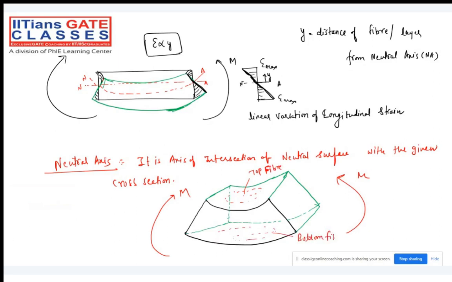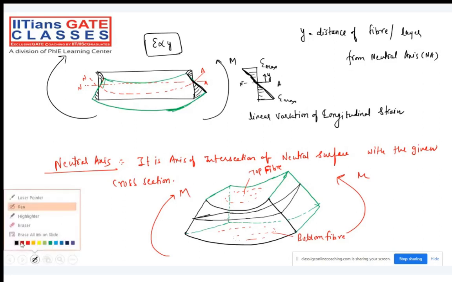But apart from the top surface and the bottom surface, there is one surface which is neutral, my dear friend. Try to imagine this 3D figure. This particular surface will be called the neutral surface.